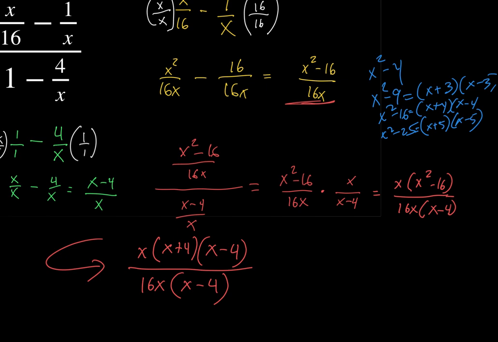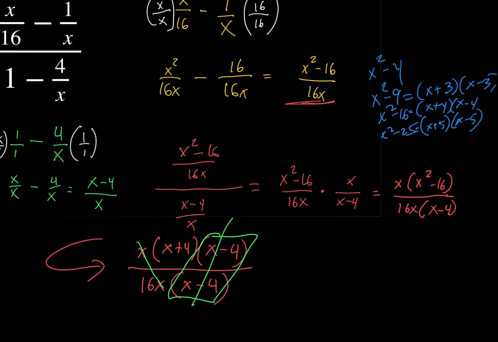Last step in factoring is, is there a 1 existing anywhere? What is x divided by x? 1. What is x minus 4 divided by x minus 4? 1. Again, now being careful here, it's because the x minus 4 is in parentheses, and down here the x minus 4 is in parentheses. Because it's identical parentheses, that whole thing reduces.